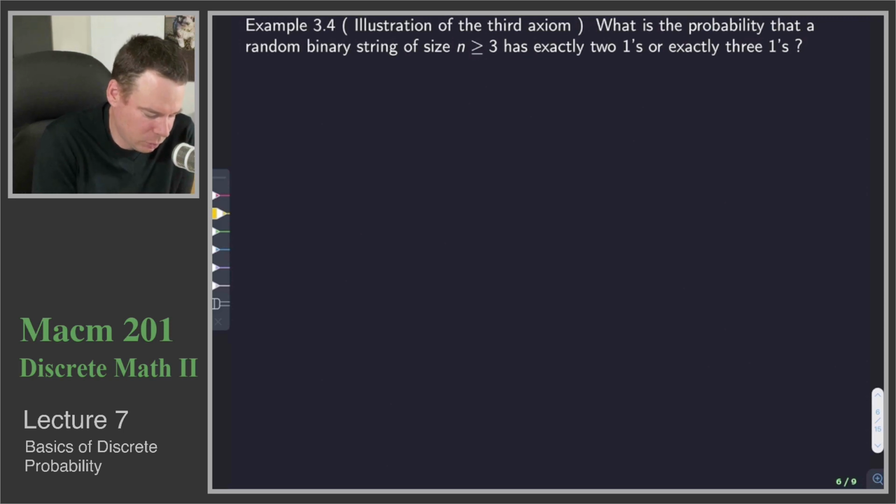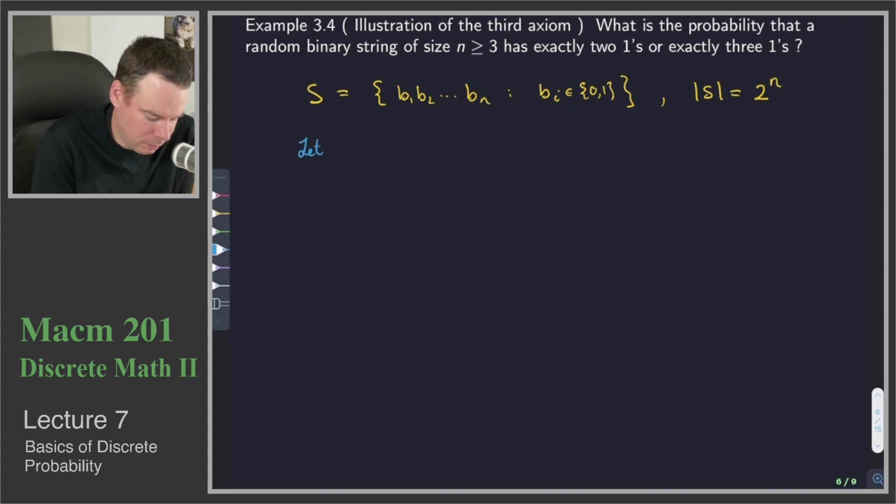We'll start with our sample space. Our sample space is going to be the set of binary strings of length n, where each b_i is 0 or 1. And the size of that sample space is 2 to the n. Now for events, we have 2 of them.